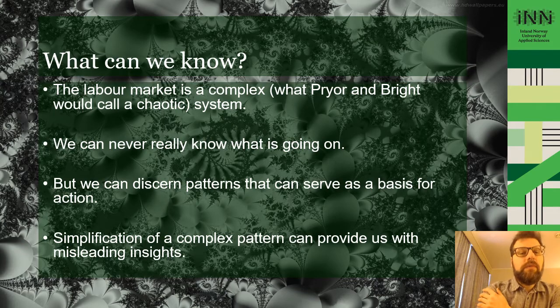So what can we know? Well, one of the challenges with information is deciding what kind of information is actually relevant and useful to provide people with. And what we know is that the labour market is very complex, and so Bright and Pryor would call this a chaotic system. It's something where we don't necessarily know what the consequences are going to be.